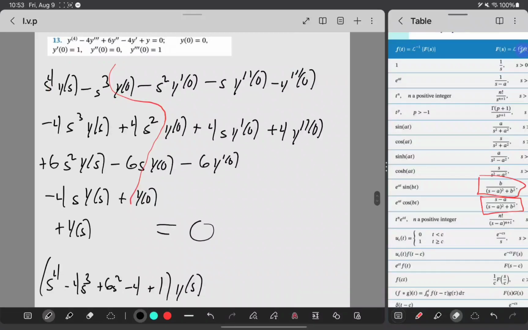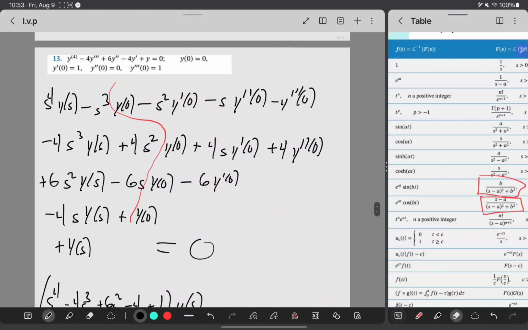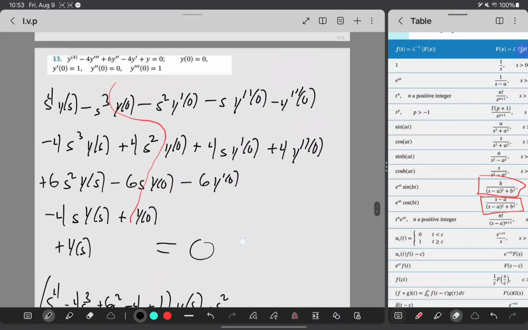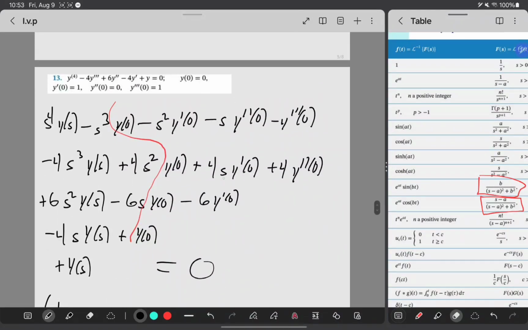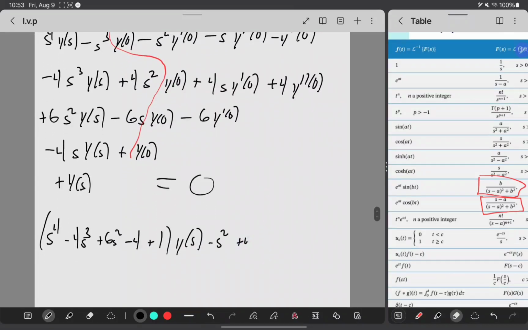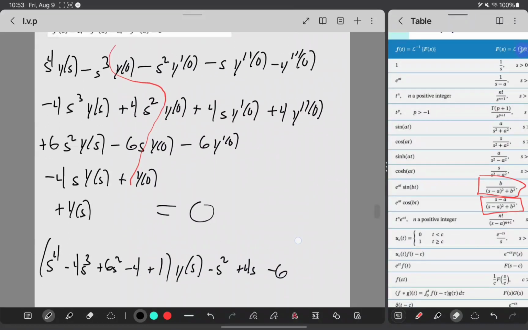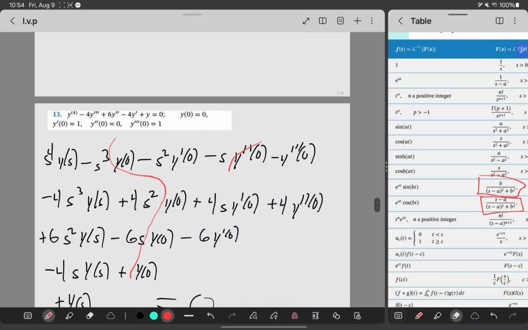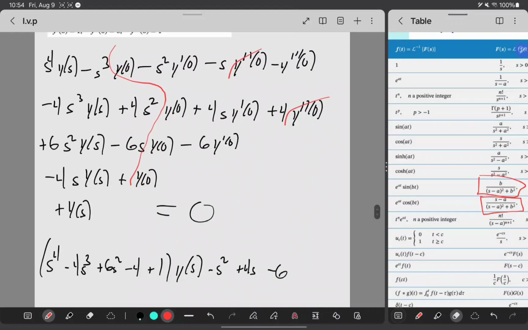All right. Y prime is 1. So it's minus s squared plus 4s minus 6. That's 0. We just have that 1 left, so minus 1.